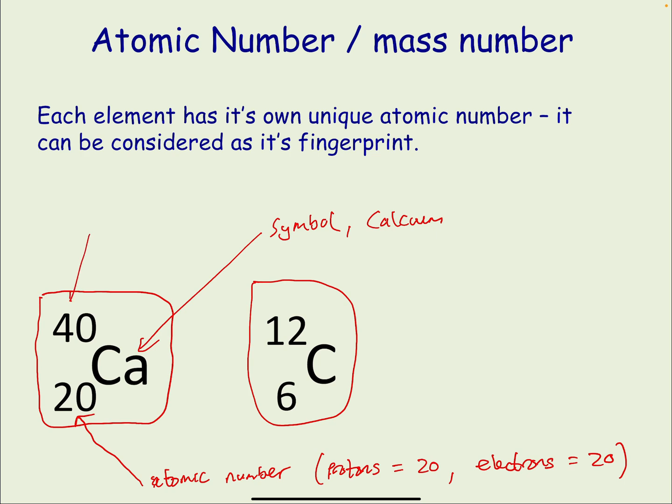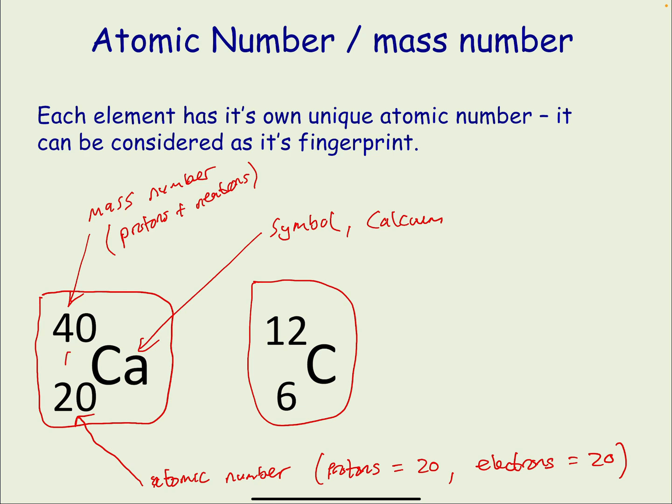This number at the top is the mass number. That's how much it weighs. And that tells us in the nucleus how many protons plus neutrons there are. Not looked at the word neutron since the very start. So that's protons plus neutrons.